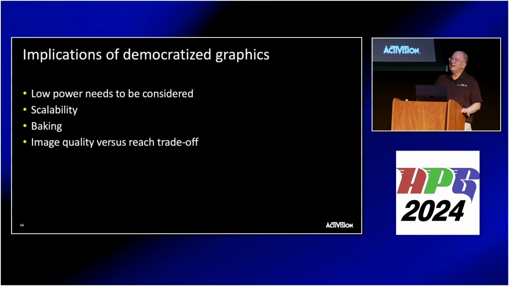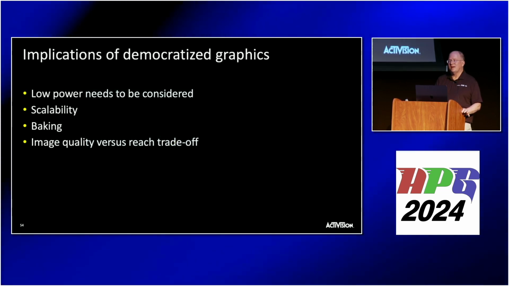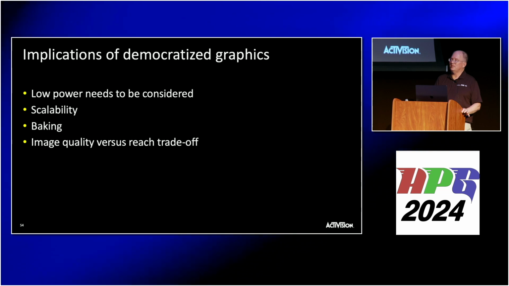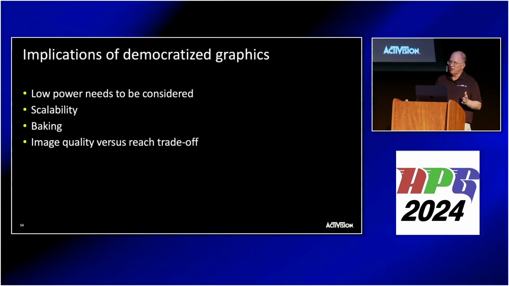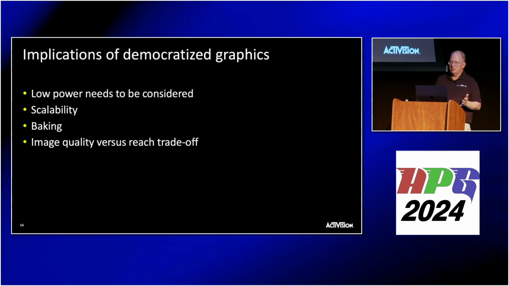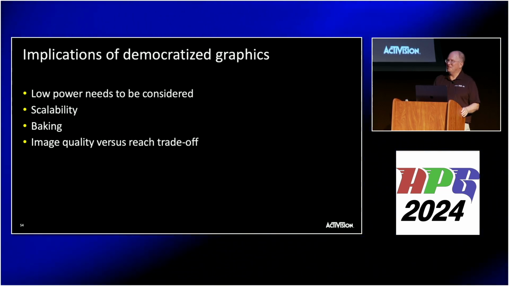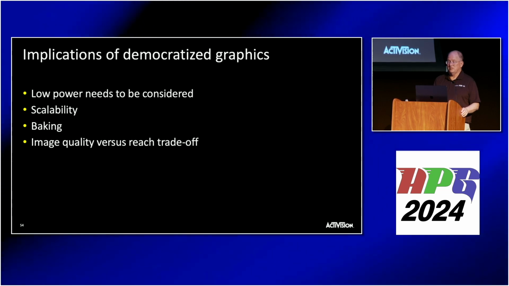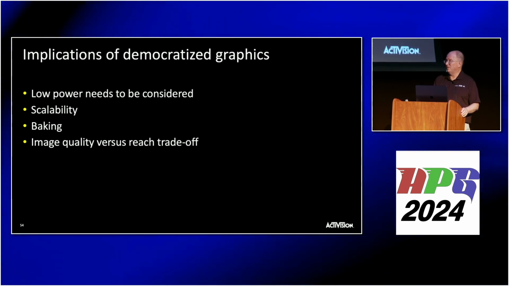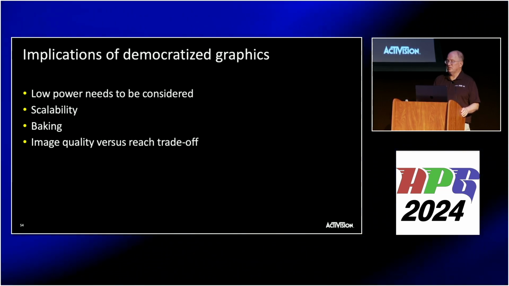But if everybody has a phone, then everyone can have graphics, and then graphics are democratized. There are some implications of this that are a little uncomfortable for a hardcore rendering person, which is, most of these devices will kind of suck from a graphics standpoint. So maybe we ought to back off on high levels of realism.